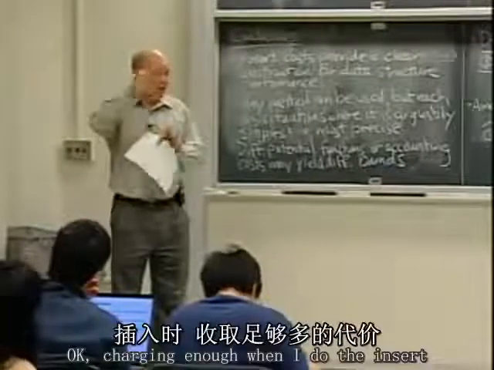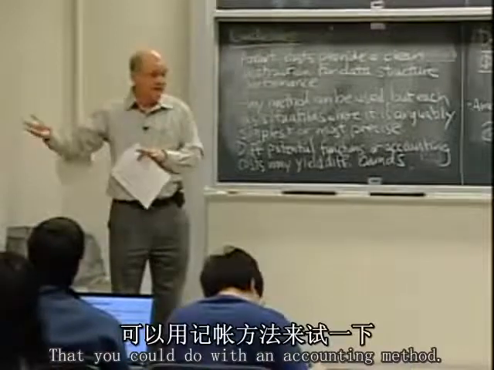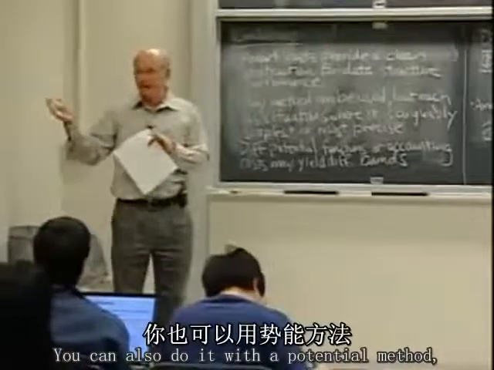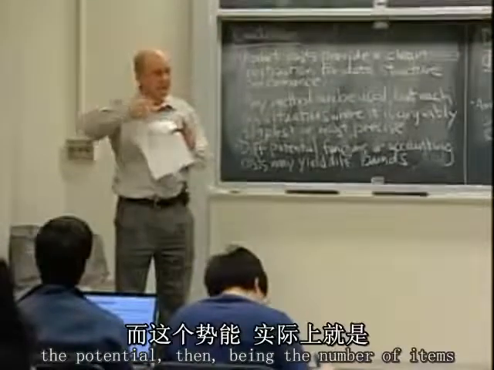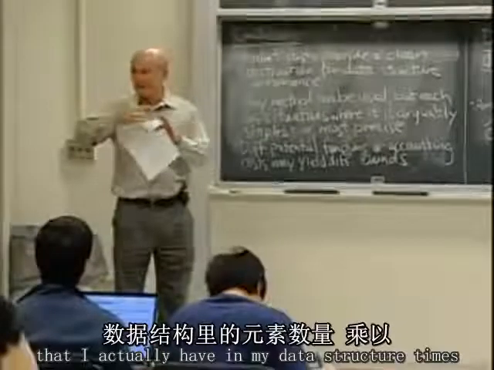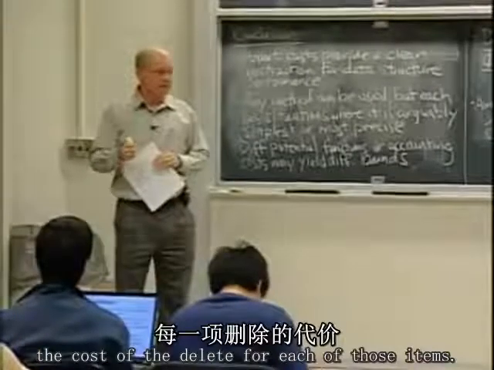Charge enough when I do the insert to amortize it against the delete. That you could do with an accounting method. You could also do it with a potential method. The potential then being the number of items that I actually have in my data structure times the cost of a delete for each of those items.